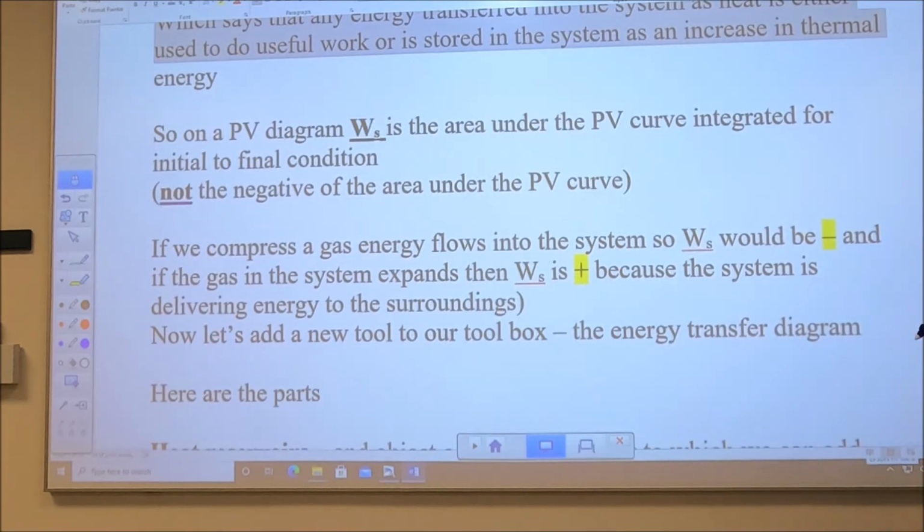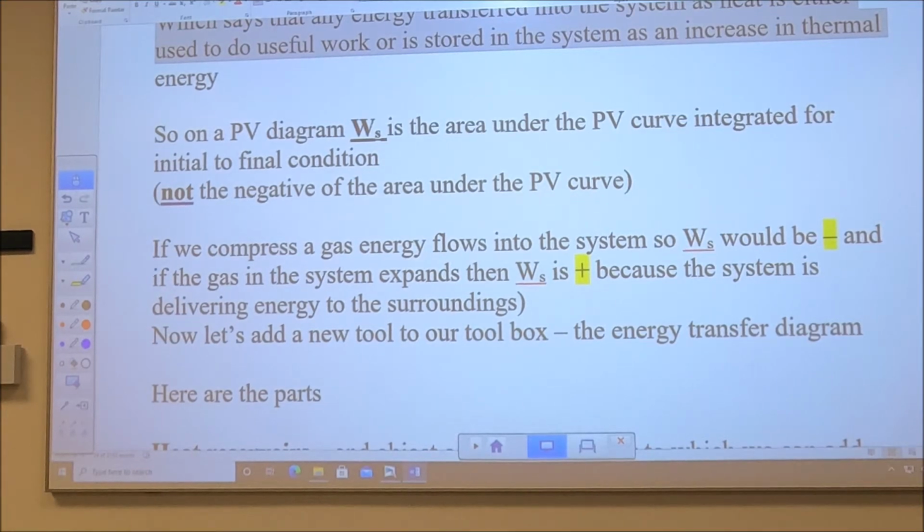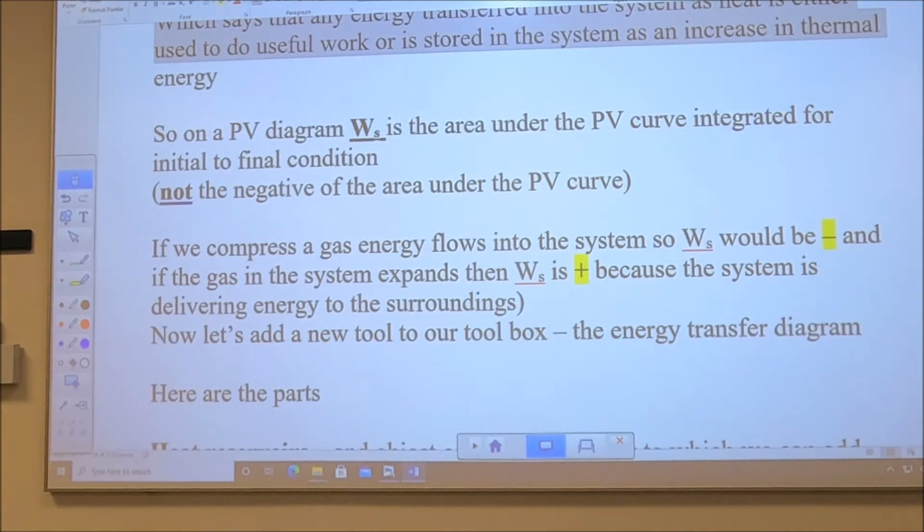So on a PV diagram, W sub S is going to be the area under the PV curve integrated from initial to final, not the negative like we did for work external.